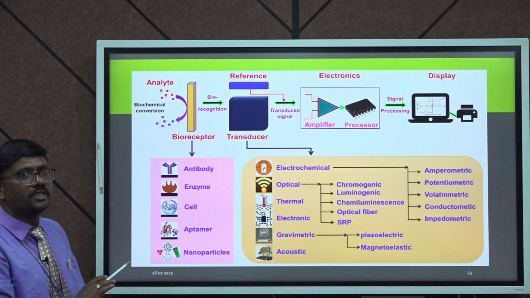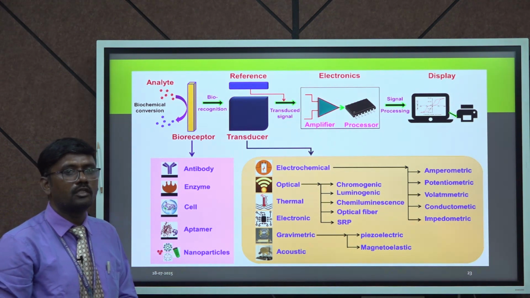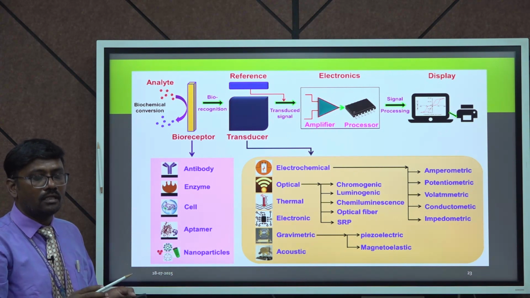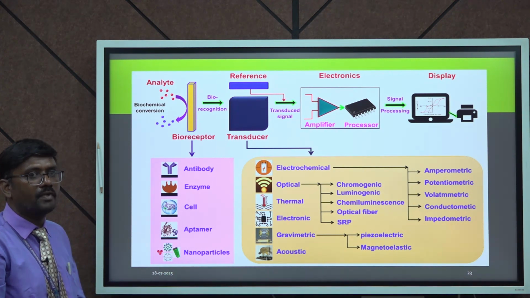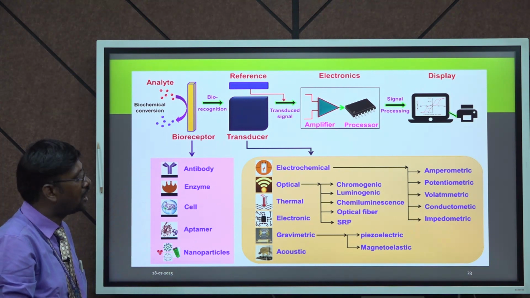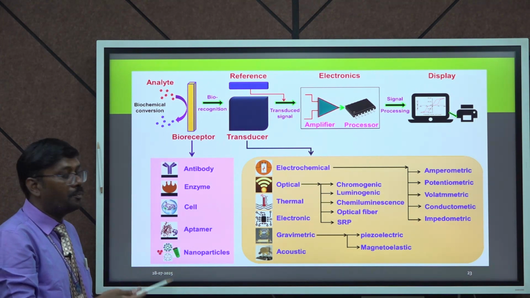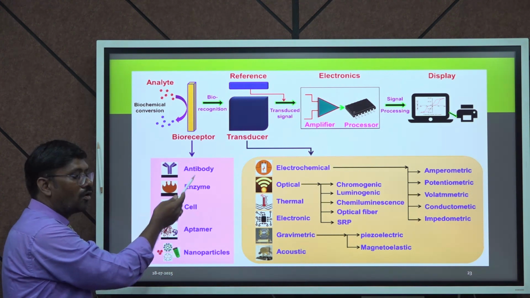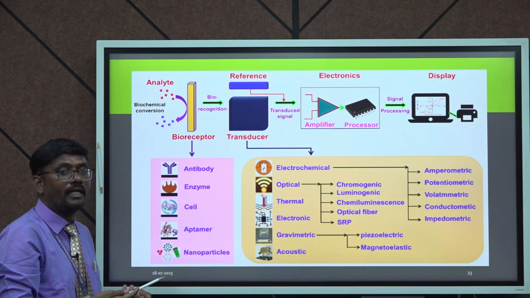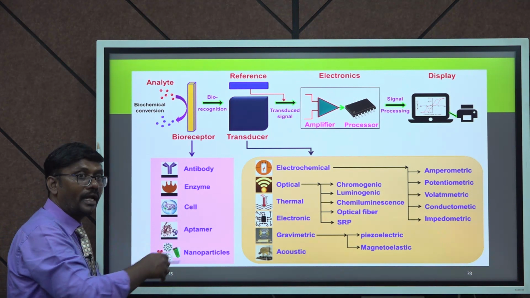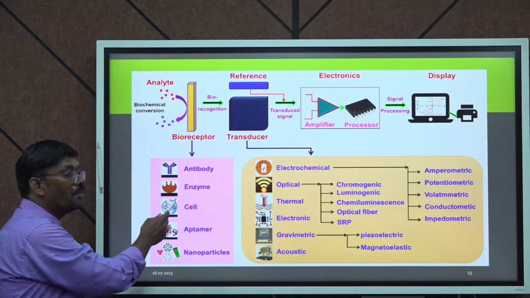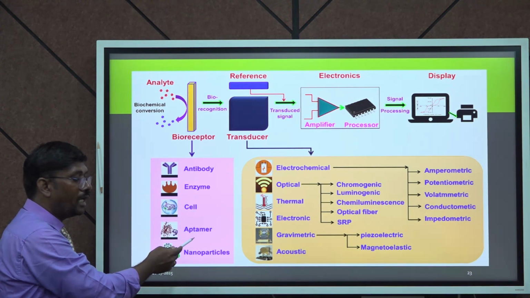This is the pictorial representation of how the biosensor looks. It starts with the biochemical conversion, where a biochemical reaction takes place and the substrate is converted into a product. It could be an antigen-antibody reaction or an enzyme-substrate reaction, or the entire cell respiring, where you could measure the rate of oxygen, or an endothermic or exothermic reaction, where the temperature can be measured, or aptamers.